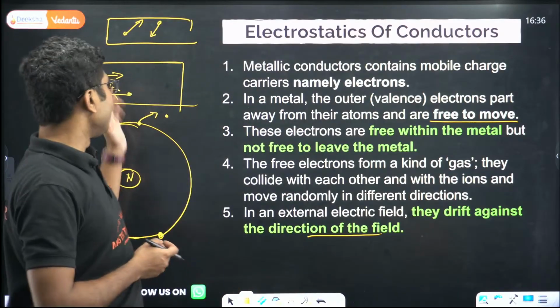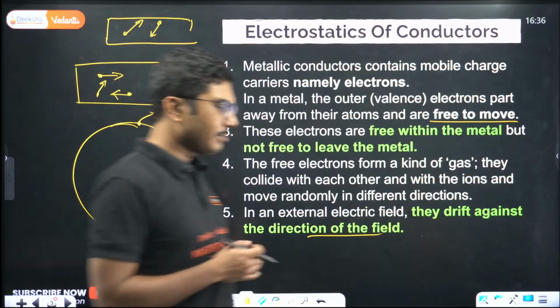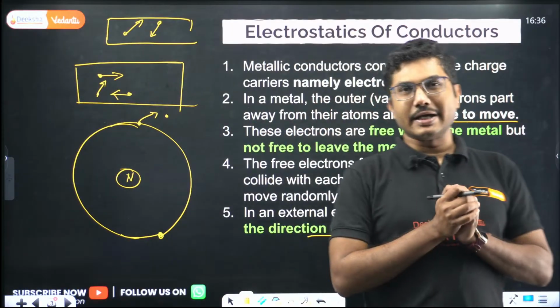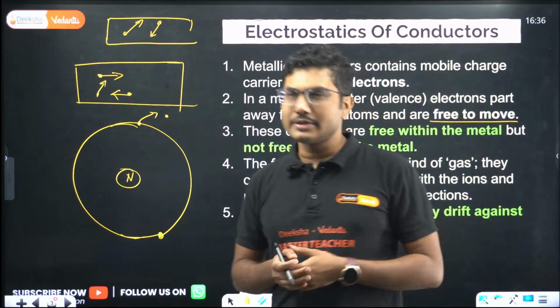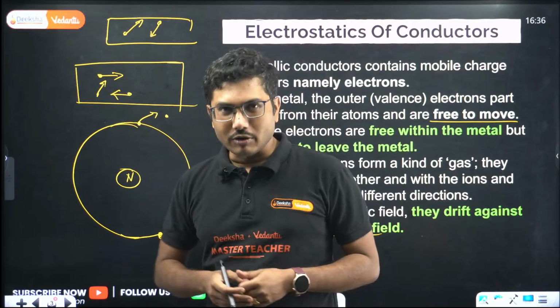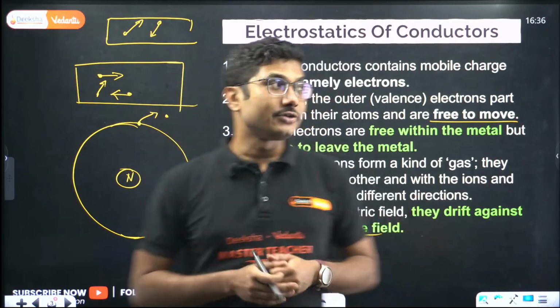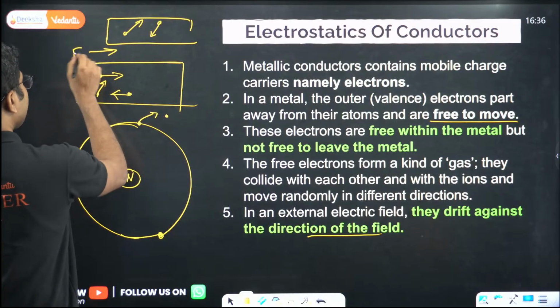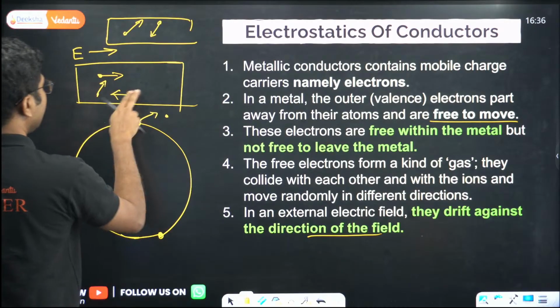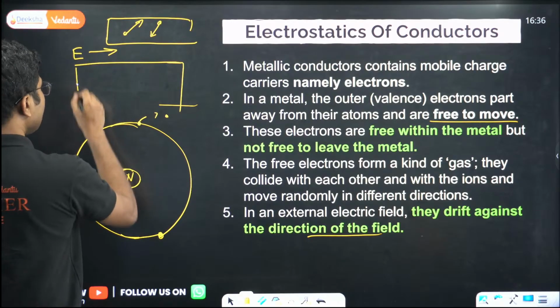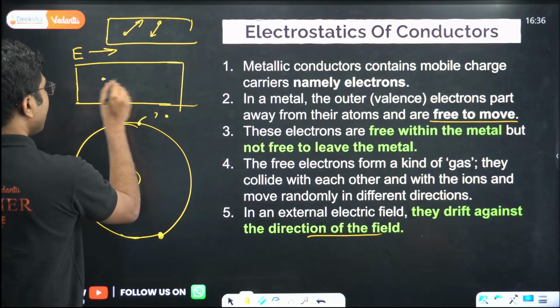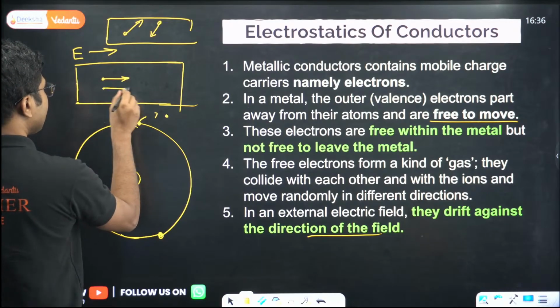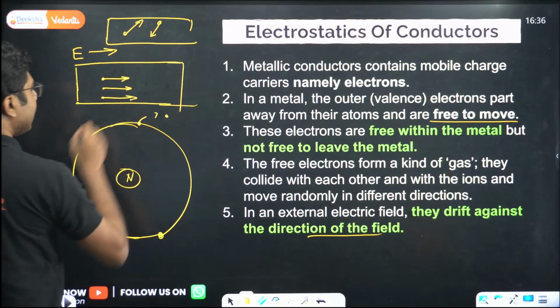So some randomness is still there, but because the teacher is there, you have to focus in the class, and that's why the electrons are also in the presence of an external electric field. Even though they are moving in random directions, as soon as you apply the electric field, the electrons start to drift. Drift means their motion is now slowly aligned in a particular direction.